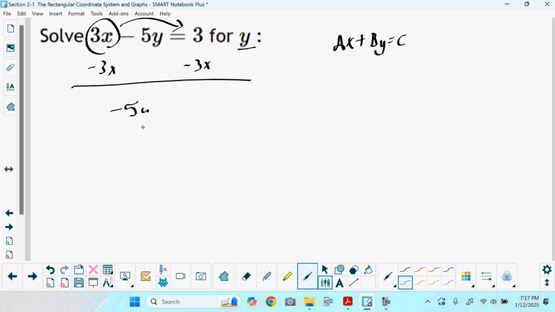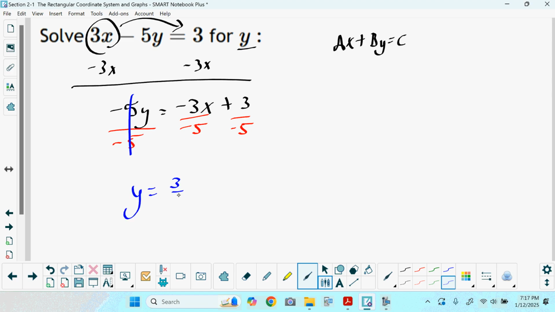Then we get -5y equals -3x plus 3. Then we divide everything by -5, which leaves y equal to, a negative divided by a negative is positive, so 3/5 x, and then positive divided by negative is a negative, minus 3/5. So that is solving for y. You move your x to the other side and divide by the coefficient of y.